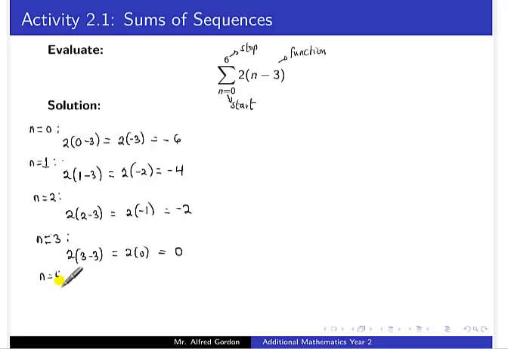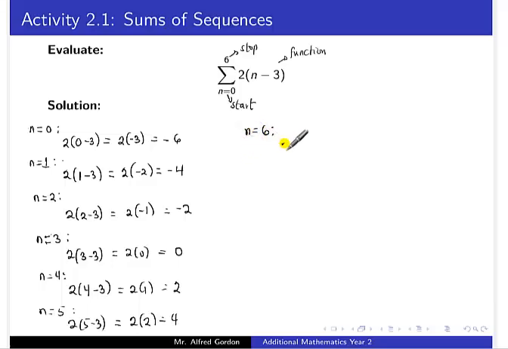When n is 4, we have 2(4 - 3), which reduces to 2 multiplying 1, and that is 2. When n is equal to 5, we have 2(5 - 3), which reduces to 2 multiplying 2, and this is 4. And finally, when n is equal to 6, we have 2(6 - 3), which reduces to 2 multiplying 3, and that gives us 6.